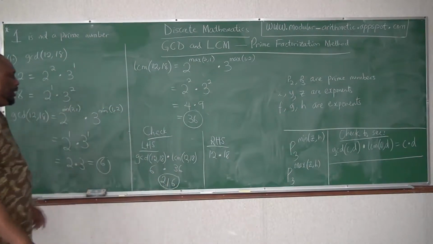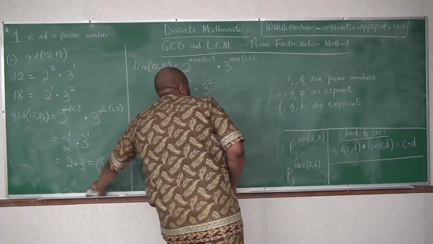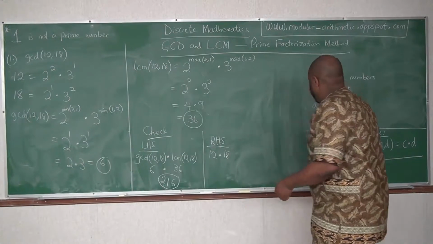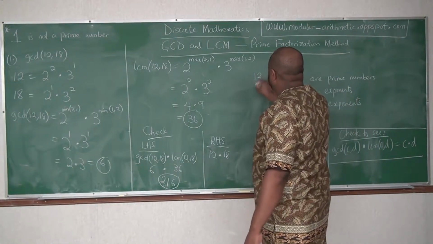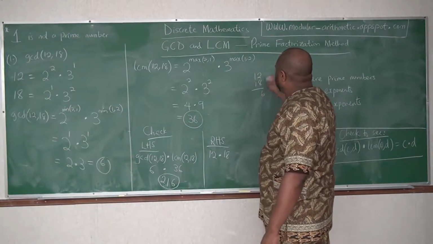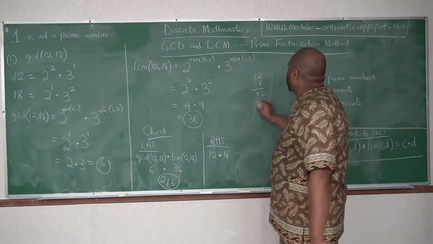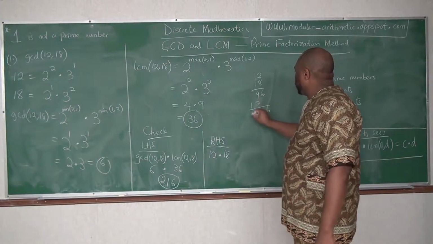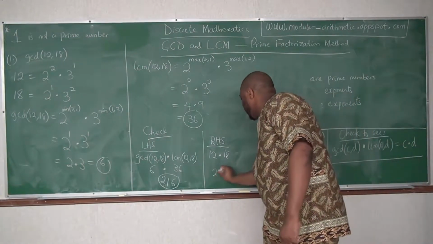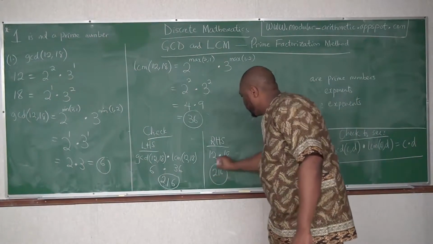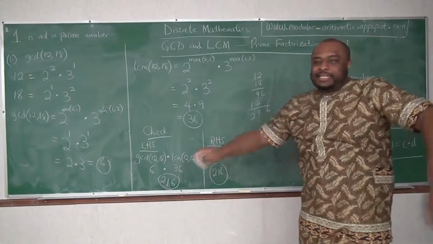Now, let's do 12 times 18. 8 times 2 is 16, then 1 times 2 is 2, so 216. Okay? 216. Thank God it worked. And if you want, you can jump up and touch the ceiling.